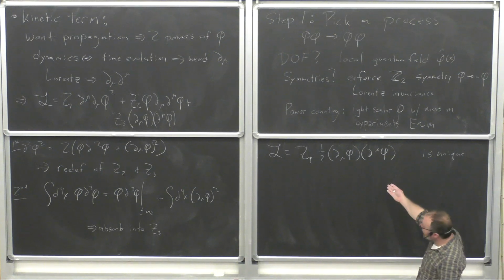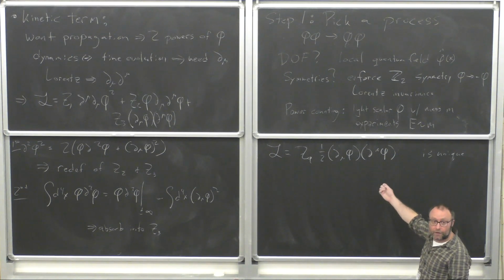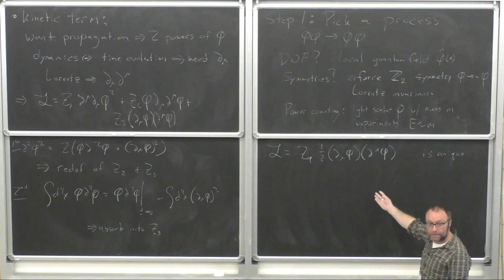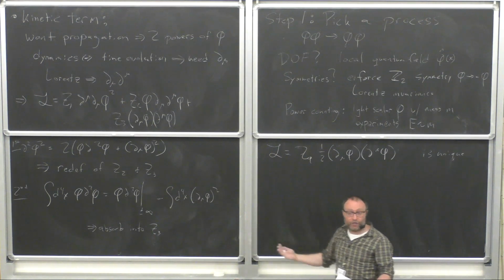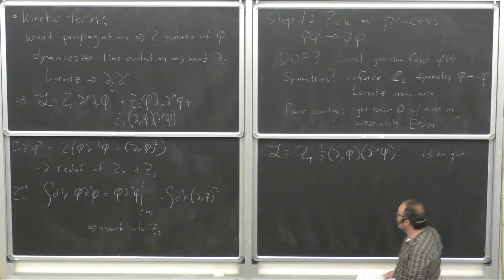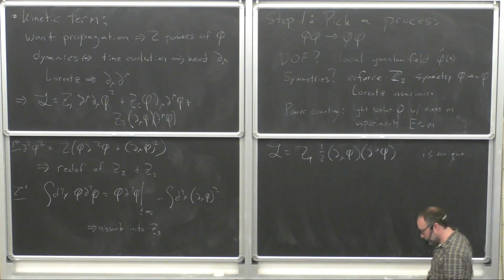So now, finally, we have the form of the kinetic term. It's going to give us propagation. We want to use this to determine power counting. Again, we do this the way I hope you're familiar with from your QFT course.